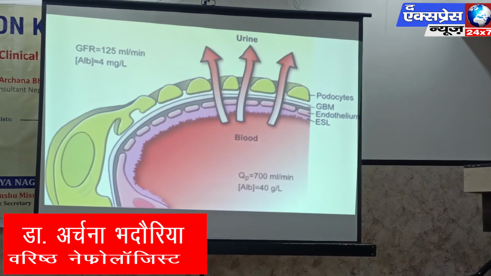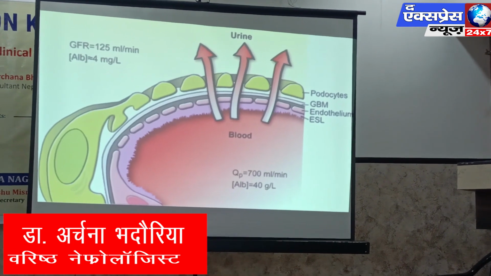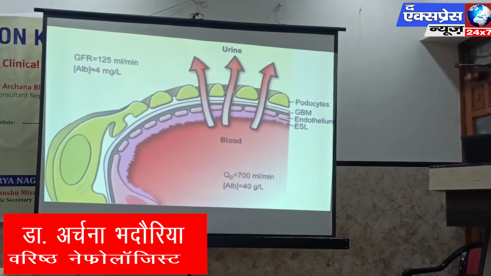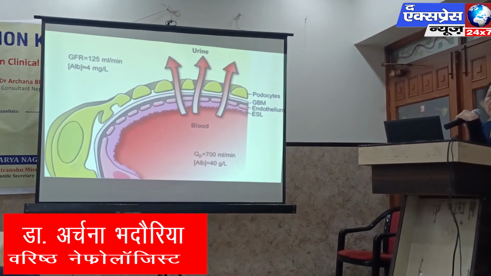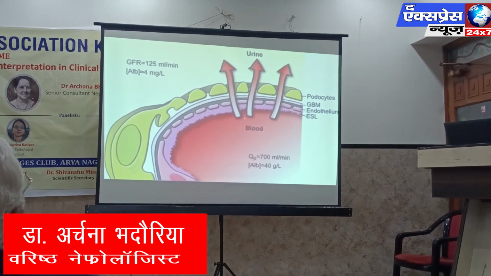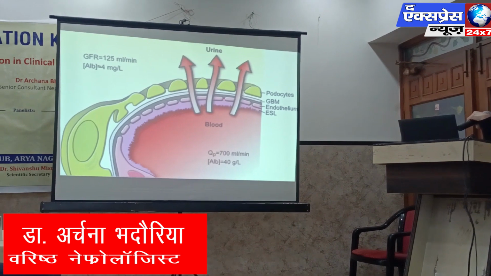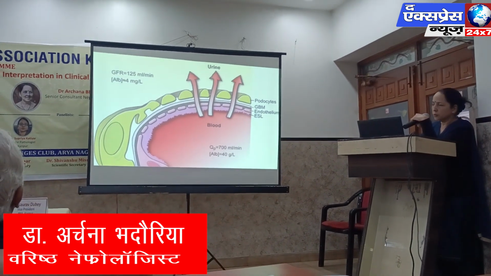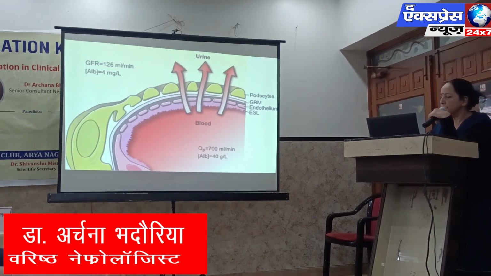So this is a huge epithelial cell, and these are the podocytes of the epithelial cell, and these are the fenestrations. Then there are so many barriers for the protein to escape the glomerular blood flow. So the endothelium, the basement membrane, and the podocytes all present a barrier for filtration of proteins.